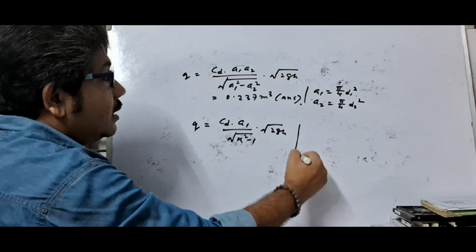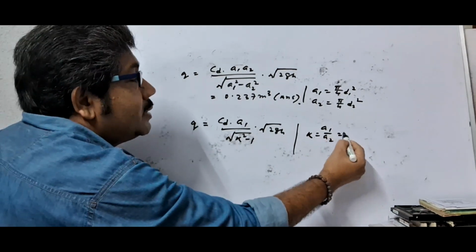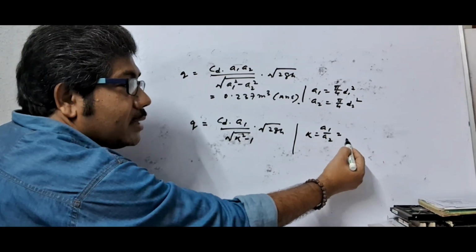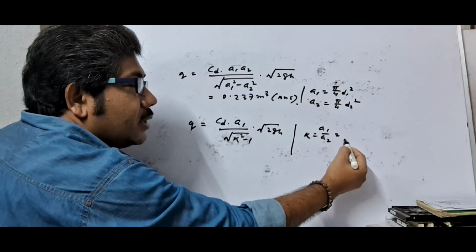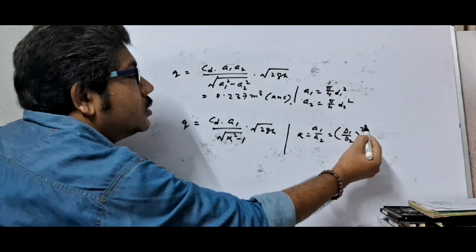Here K equal to A1 by A2, that means pi by 4 D1 square by pi by 4 D2 square. Pi by 4 cancels, so this is D1 by D2 whole square.